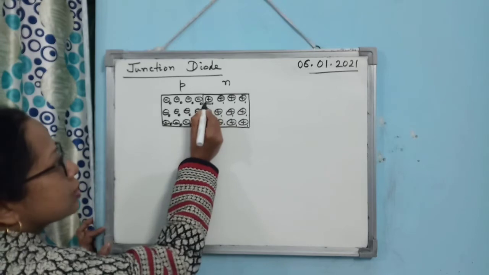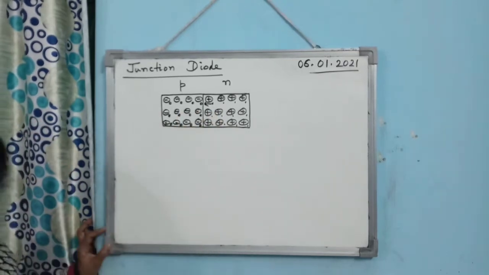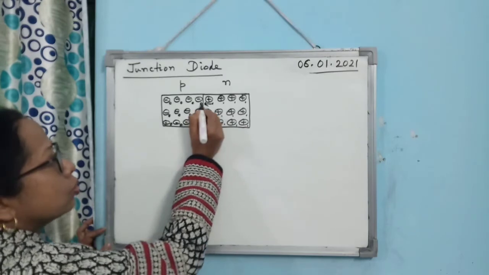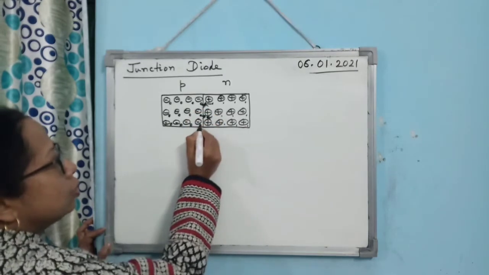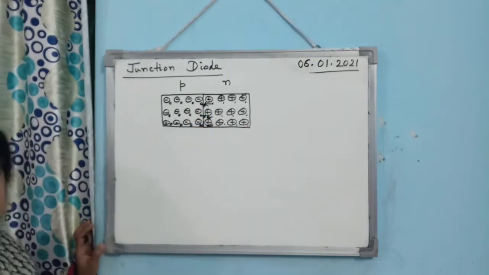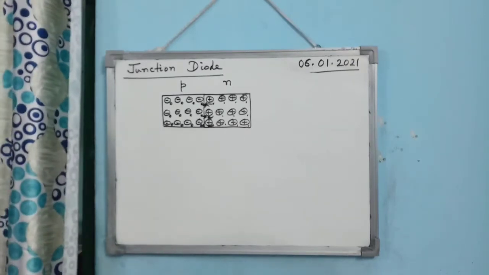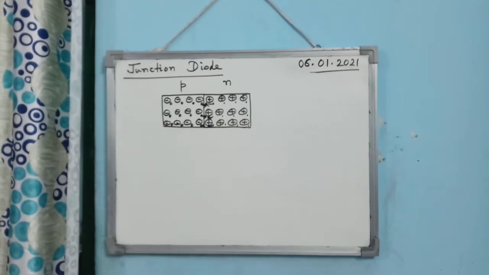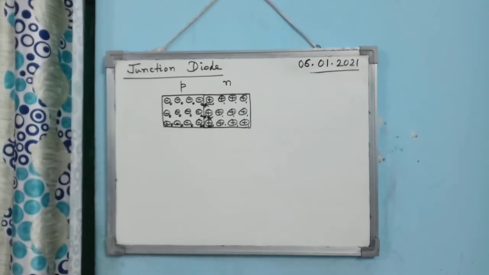These electrons will try to move to the P region and cross the junction, and holes also will try to move through the junction. Alright. So, as a result, the first layers of hole and electron will cross the junction and recombine with each other and be lost.